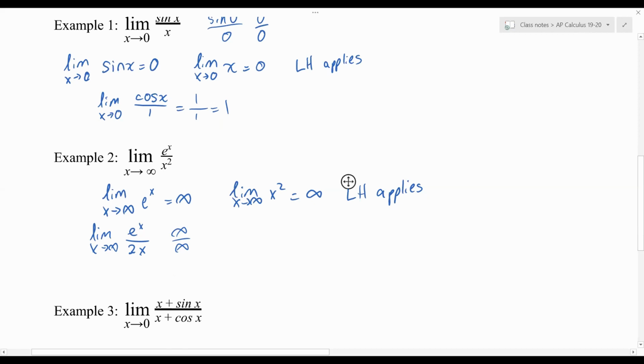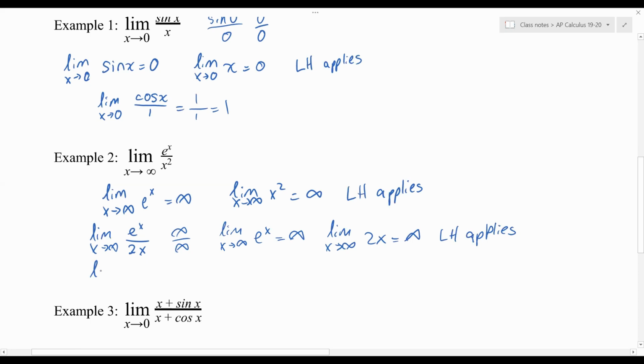Again, we can apply L'Hopital's rule. The limit as x approaches infinity of e to the x is infinity, and the limit as x approaches infinity of 2x equals infinity. L'Hopital's rule applies.